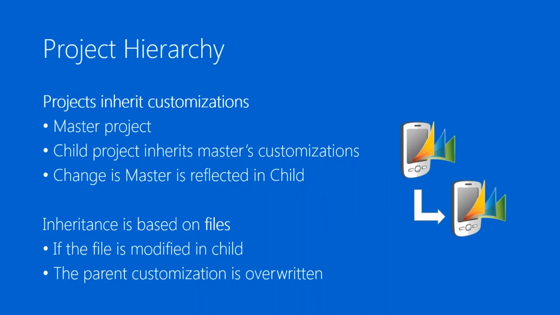If you change something in the master project, even after you have derived the other projects from it, the child projects will get these changes, which is very useful in many situations. And it's based on files. That means that each file, each part of the project that you modify in the child will override the parent's customization. If you want to know more, my previous webinars cover this.